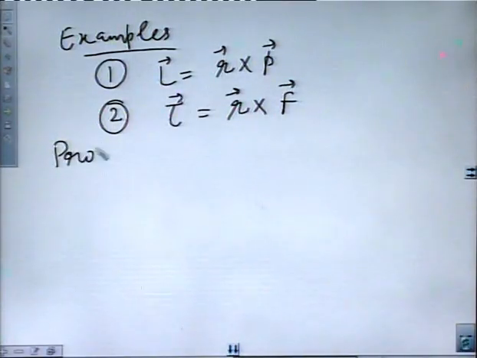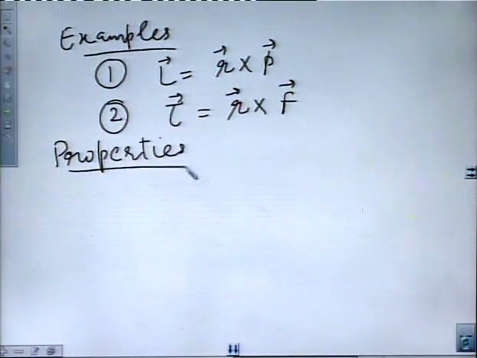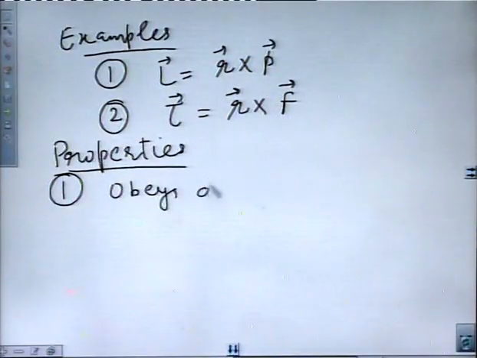Now we take the properties of cross product. First property is it obeys the distributive law.